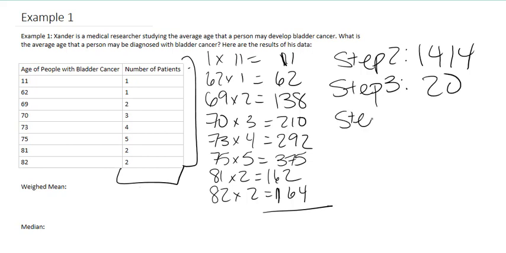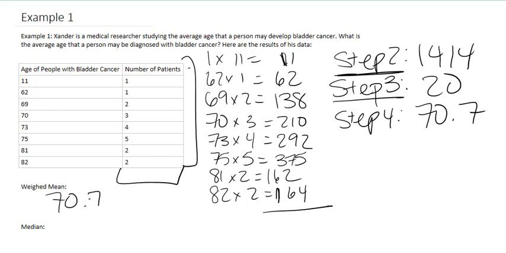Then step 4, we take the number from step 2 and divide it by step 3. So 1,414 divided by 20 is equal to 70.7. So our weighted mean is 70.7.